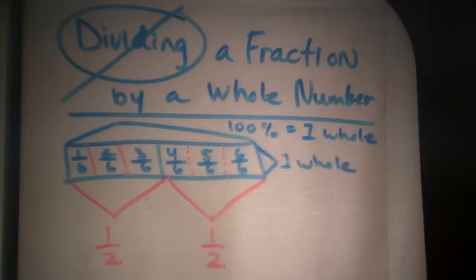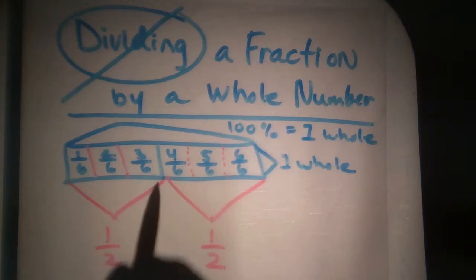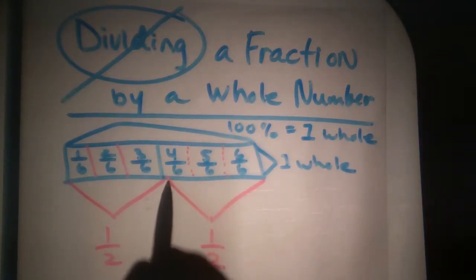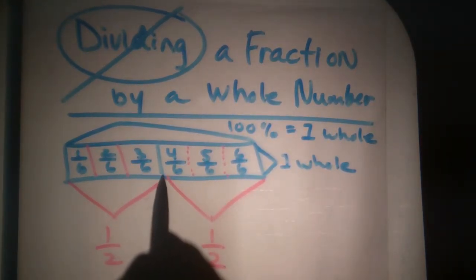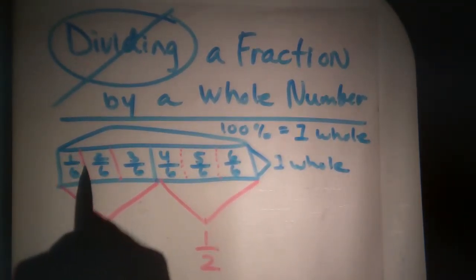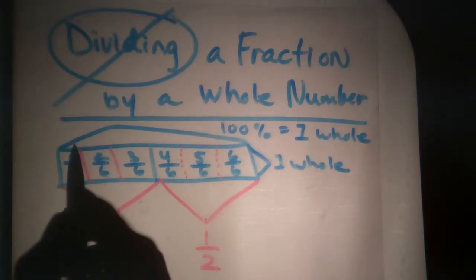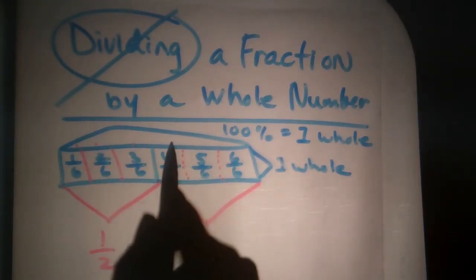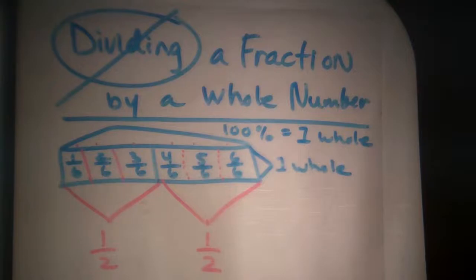Alright, but the question was, what fraction of the whole piece of clay is each of the 3 parts? So we have this. Each part would be 1/6. We have 1, 2, 3, 4, 5, 6 pieces.